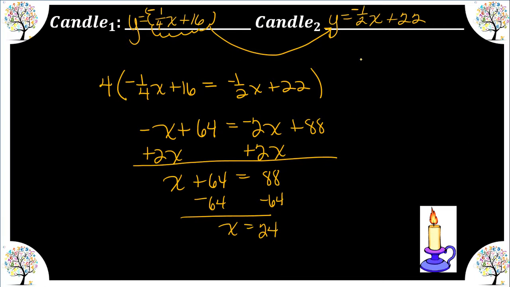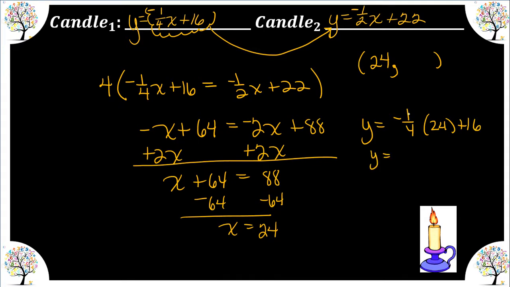So at 24 hours, we can get the total height. Now we can use either equation we want. I'm just going to use this first one. So I'm going to plug in 24 for x, y equals negative 1/4, plug in 24 for x plus 16. So y equals, I have a unit fraction.